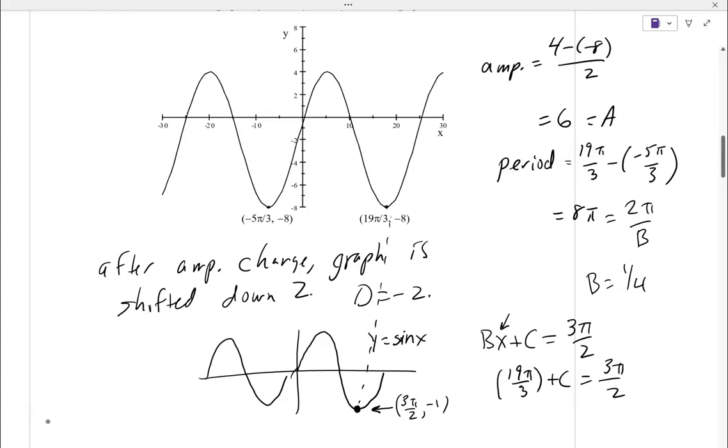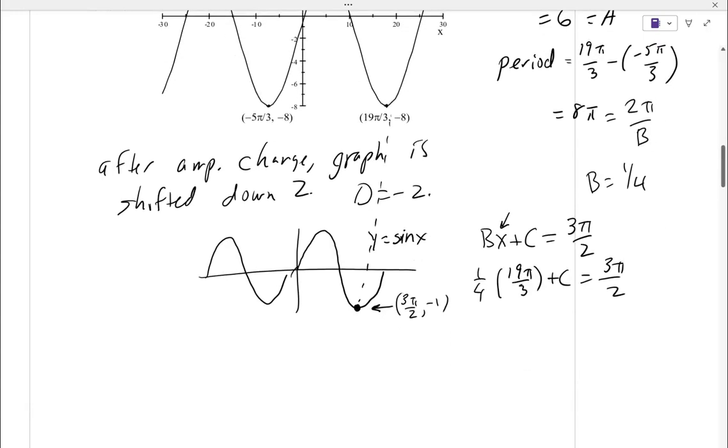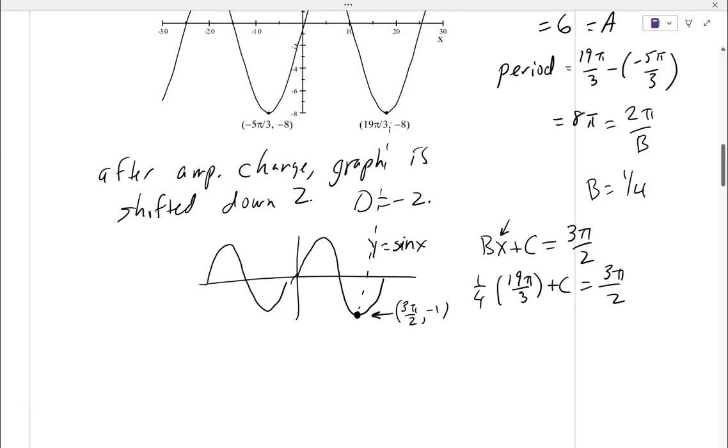And we figured out the b was 1/4. Right? So what is that? 19 pi over 12 plus c equals 3 pi over 2. Over 12, that's 18 pi over 12. If I multiply it by 6 over 6, subtract your 19 pi over 12 over, you should get a negative pi over 12.